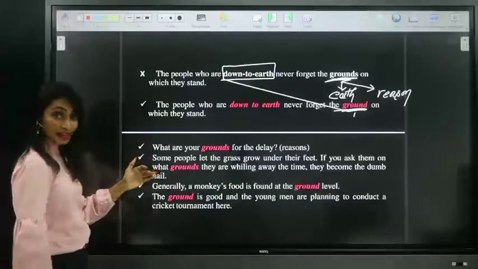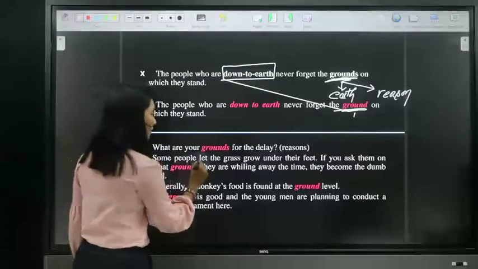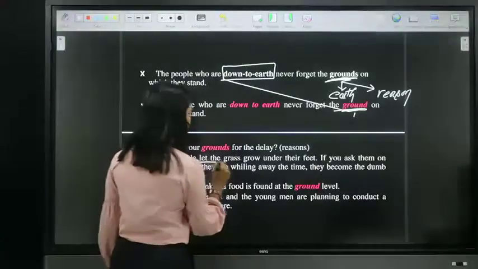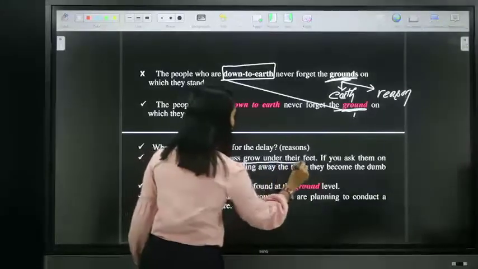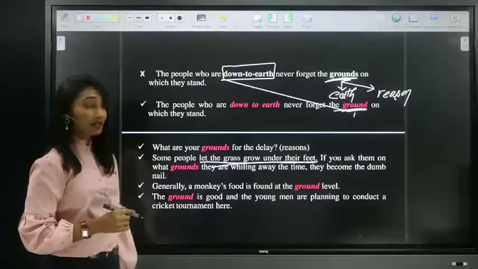Now look at this example. Some people let the grass grow under their feet.